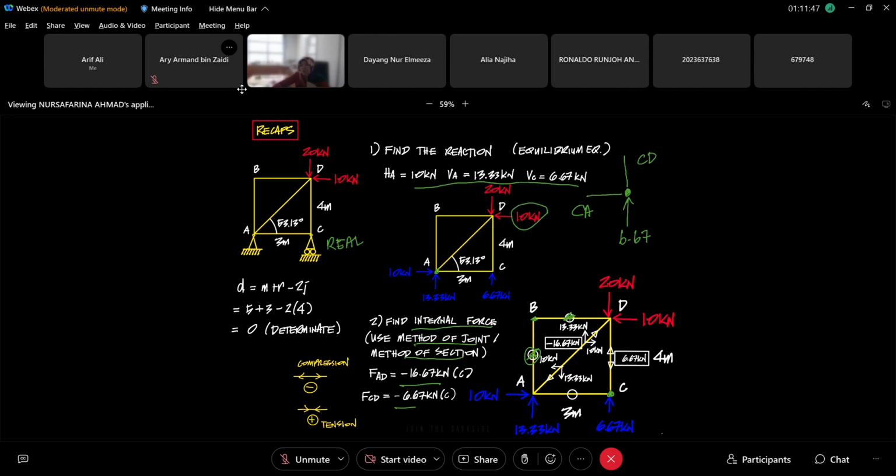So what I want to do, I know that the force acting in vertical, in Y direction. So selalunya kalau you method of joint, you akan gunakan direction keluar daripada joint tersebut. So you assume is tension, always assume as a tension, kan? Kalau belajar cara method of joint, this one.